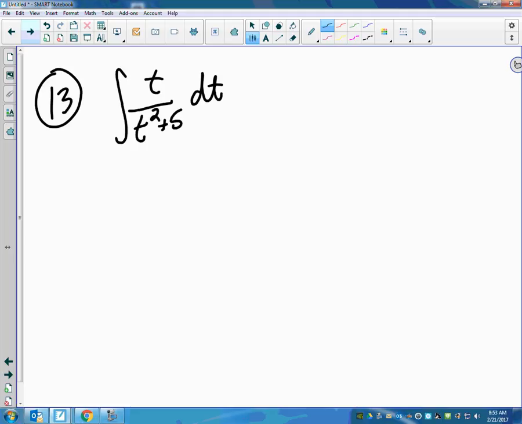And usually arctangent, this is a perfect square. I'm not saying they couldn't do that, but it means you'd have a square root of 5. Like, that's kind of gross. Usually this would be like t squared plus 25 if it was arctangent. But the reason it's not arctangent is because there's a t up here.